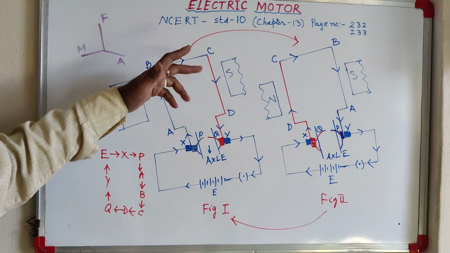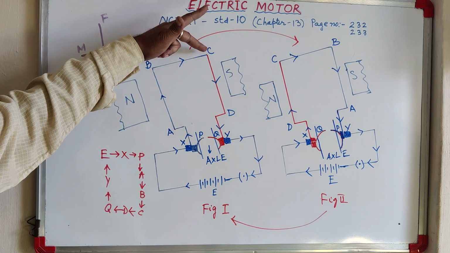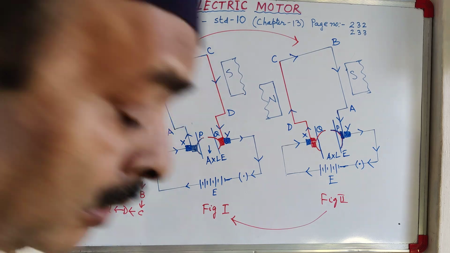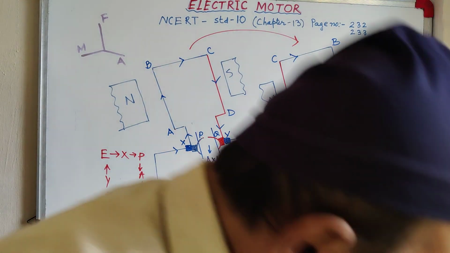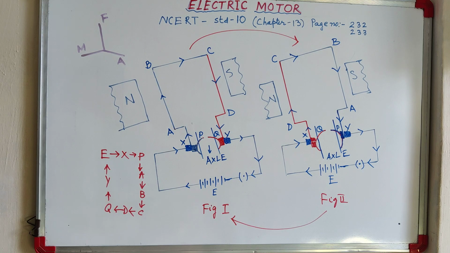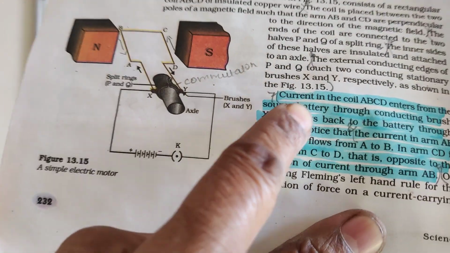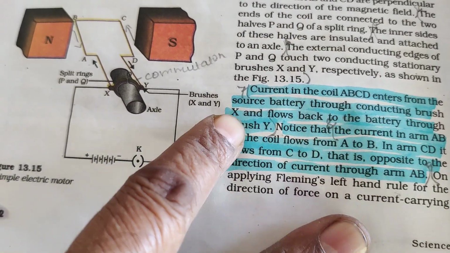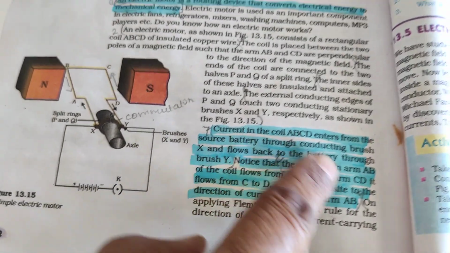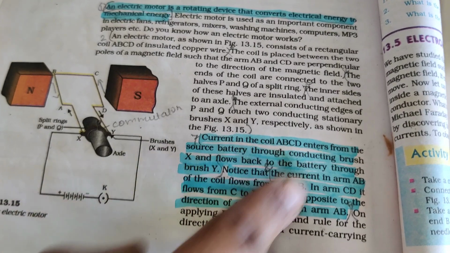Now when current is coming, suppose you consider from C to D. In your book the direction of current is mentioned, but this portion you may not follow.